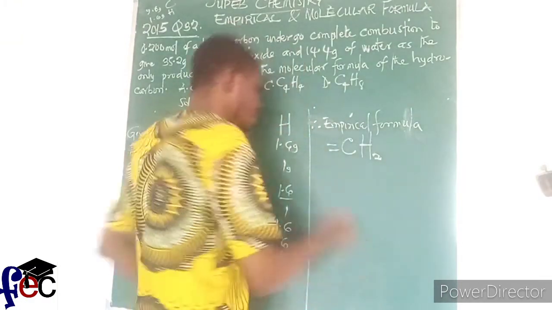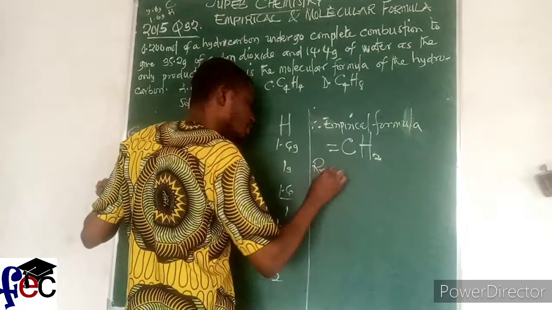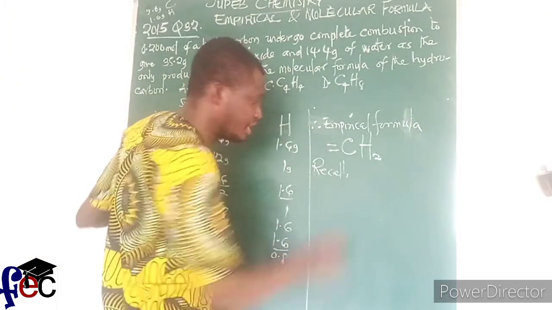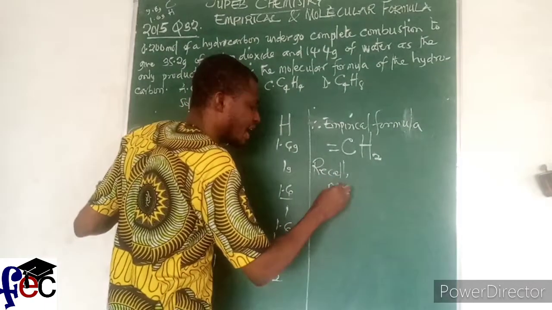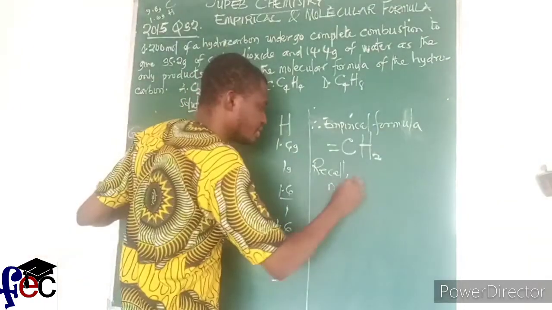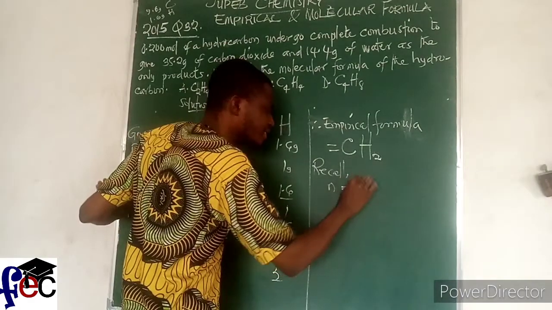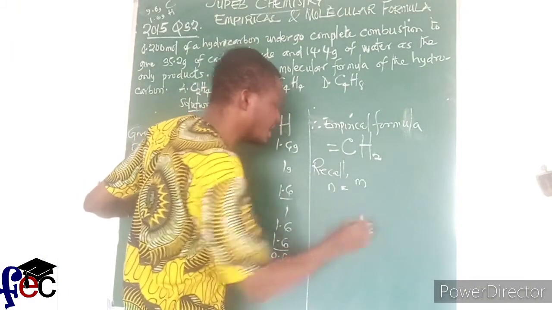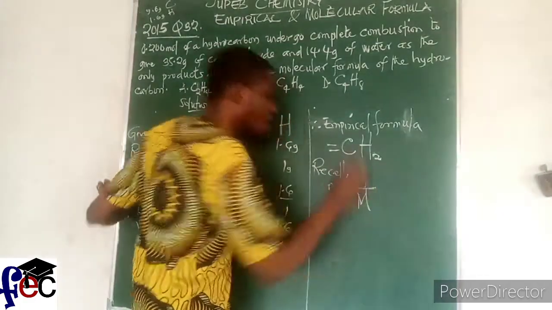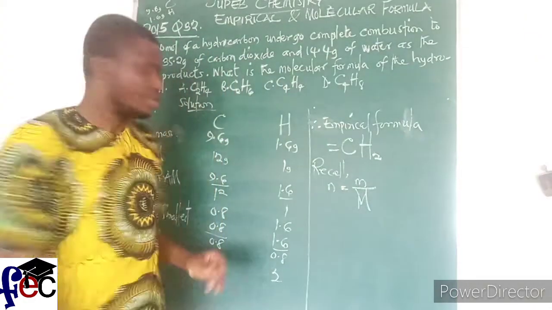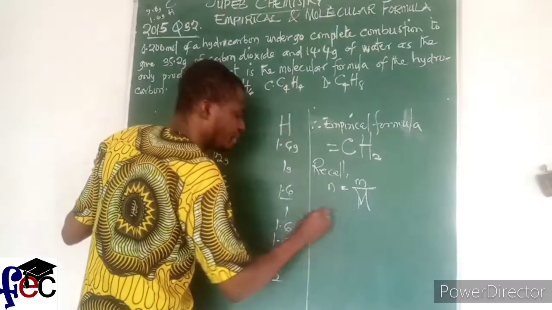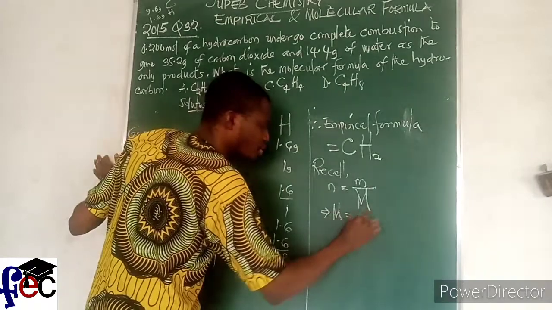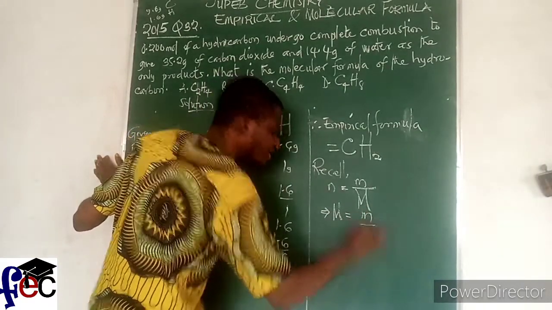Then you recall from our mole concept that number of moles N is given by mass of the compound or mass of the element divided by the molar mass. So that I can now say that my molar mass is equal to given mass divided by the number of moles.